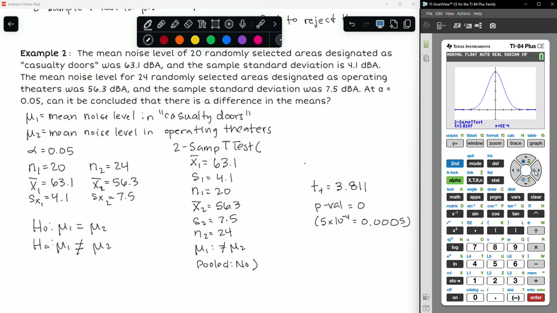I'm going to quickly sketch my picture. And at 3.8, I'm almost out at 4, so I'm way out here in my tails. Which explains why that p-value, or the area in the tails, is coming out as approximately 0.